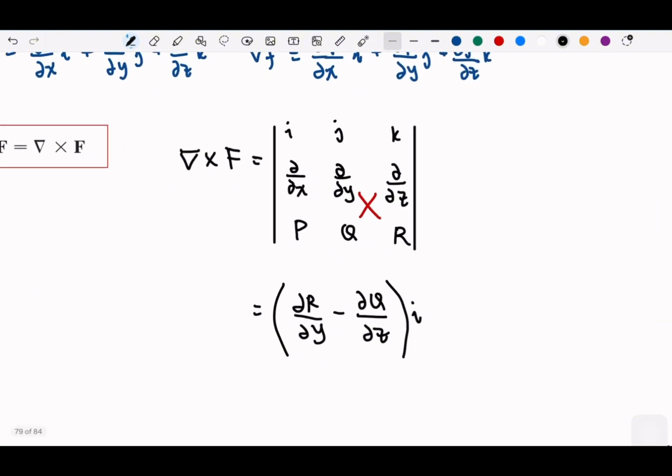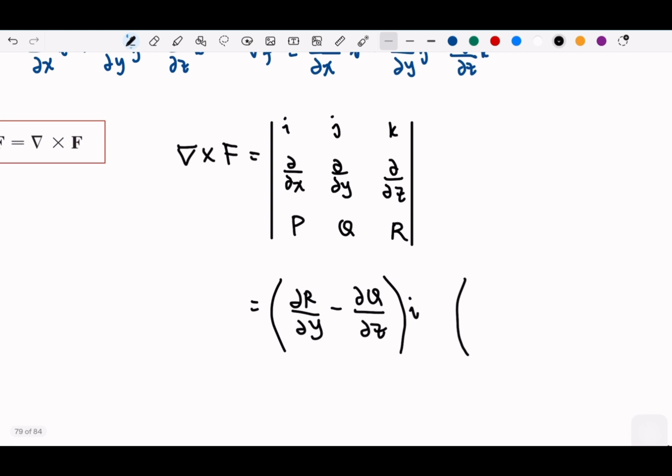And then for j, it should be dou R dou x and then dou P dou z, minus, but this is for minus, right? I will exchange this to become positive. Instead of having the negative part here, I will change this to positive.